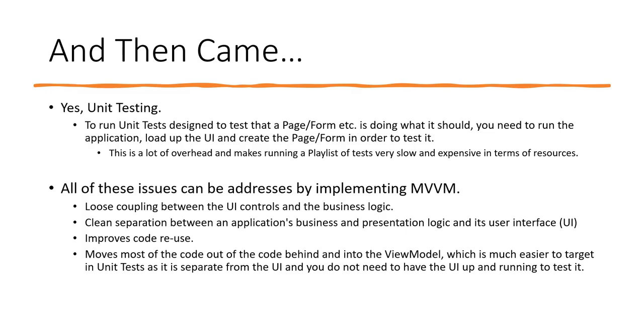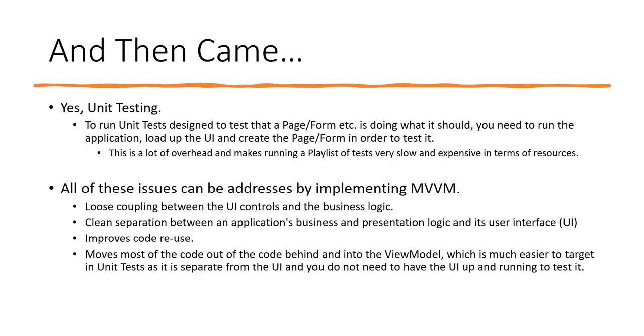I say new, it's actually been around for quite a few years now, but with the model view model pattern, right? Because what this gives us is loose coupling, a separation of concerns is another way to put that, between the UI controls and the business logic, right? What we're going to do is get pretty much all of the business logic out of that code behind page and into a separate class.